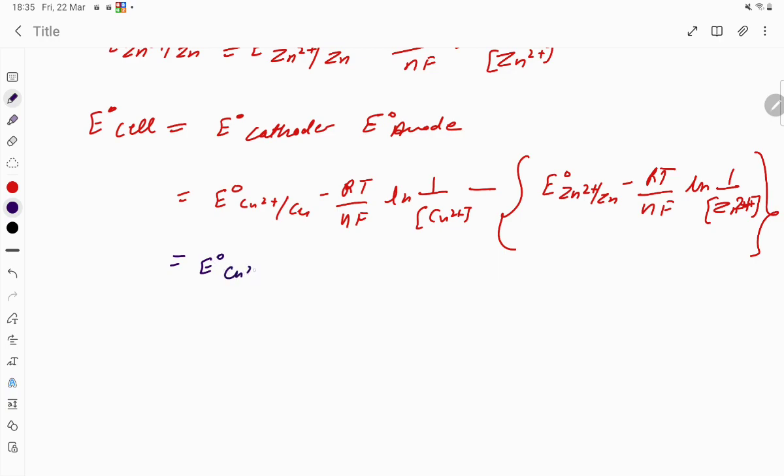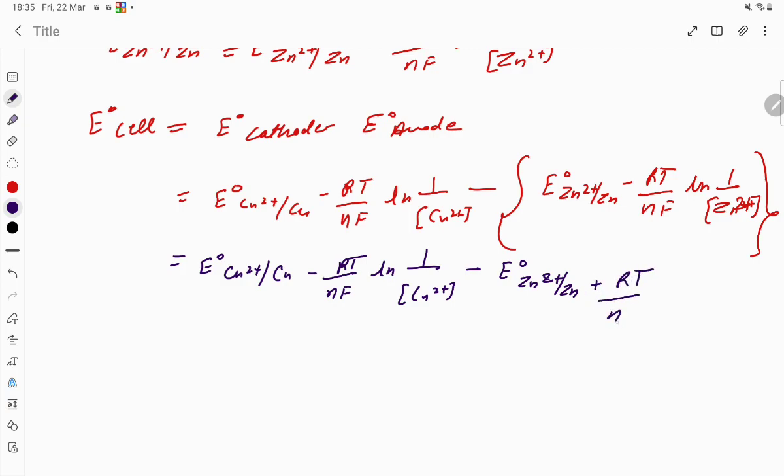E naught Cu2+/Cu minus RT upon nF ln 1 upon Cu2+ minus, for the zinc, it is going to be minus E naught Zn2+/Zn plus RT upon nF ln 1 upon Zn2+.